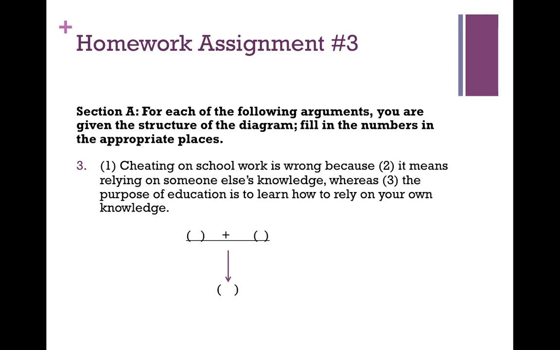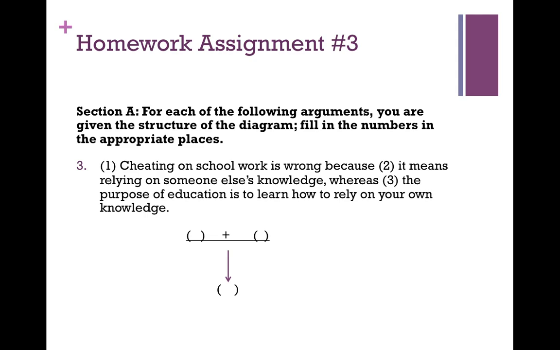Number 3. Cheating on schoolwork is wrong because it means relying on someone else's knowledge, whereas the purpose of education is to learn how to rely on your own knowledge. And this one right here, again, it provides you with the basic structure of the argument and lets you know that the premises here are dependent. They're working together to establish the conclusion.